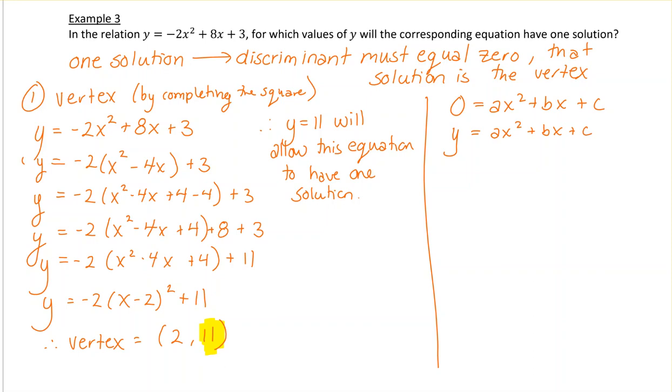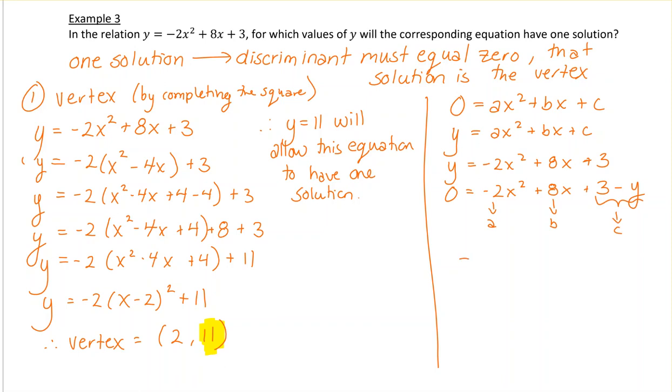So go ahead and rewrite the equation up top. What I'm going to do is bring the y over and set this equal to 0. So now we have plus 3 minus y. If we break this apart, this is my a value, this is my b value, and all of this is my c value.